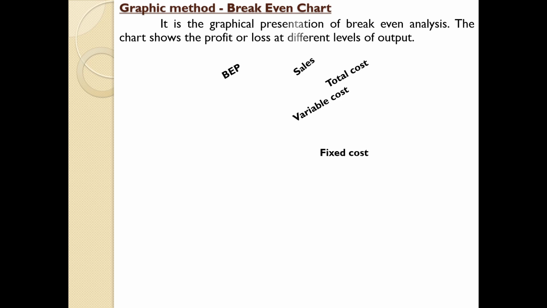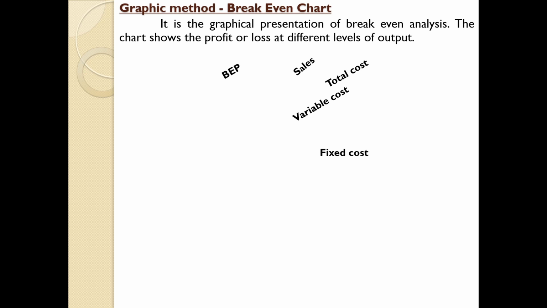Previously, we used various equations for finding out the break-even point, break-even sales, and break-even units. Through the graphic method, you can identify these values through pictorial representation. A break-even chart is the graphical representation of a break-even point or break-even analysis.